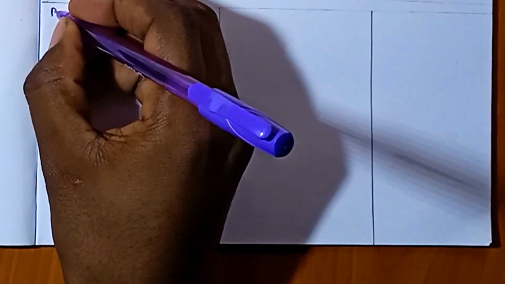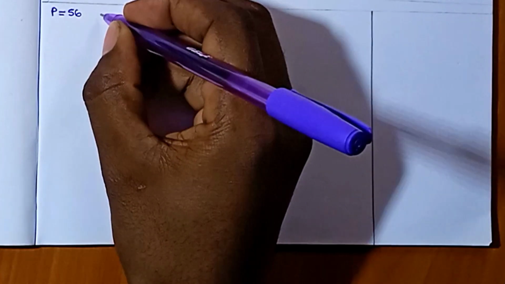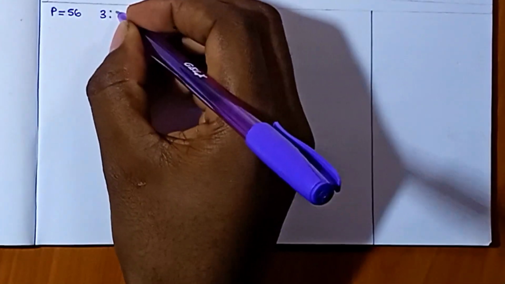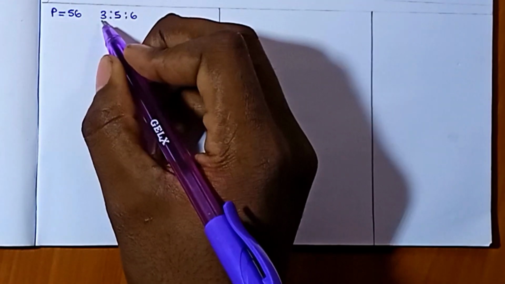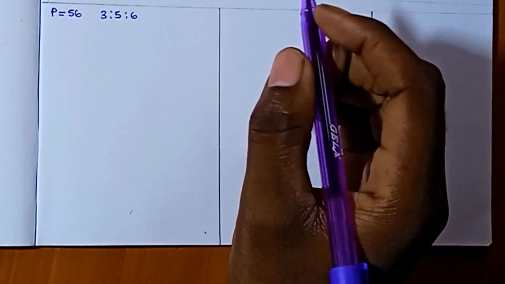So the perimeter is equal to 56 and the ratio of the sides is 3:5:6. This is the ratio between the three sides of the triangle.